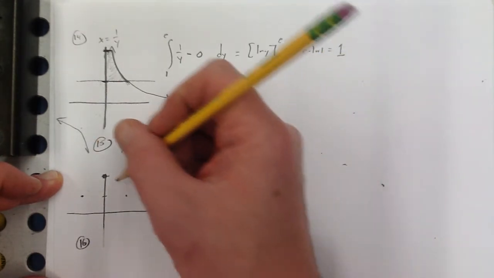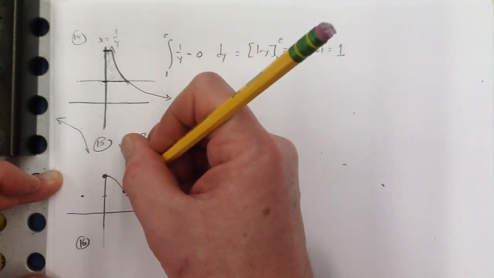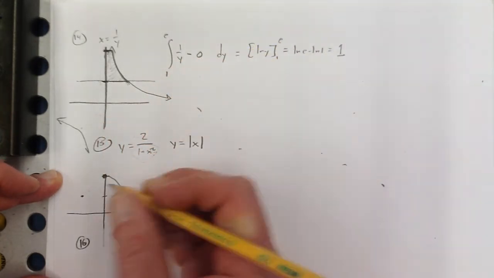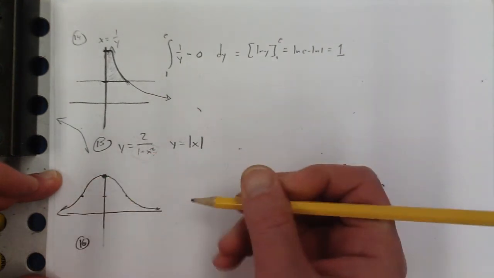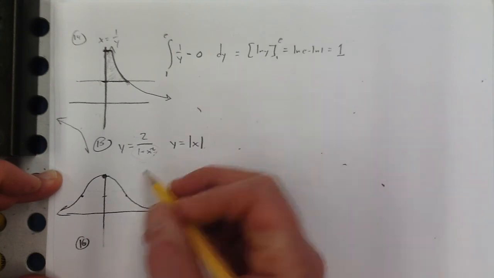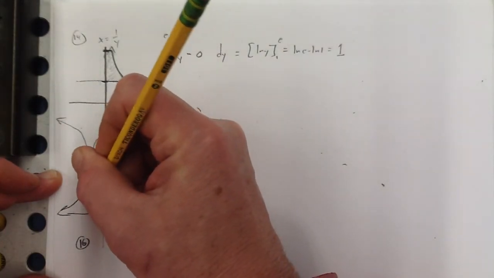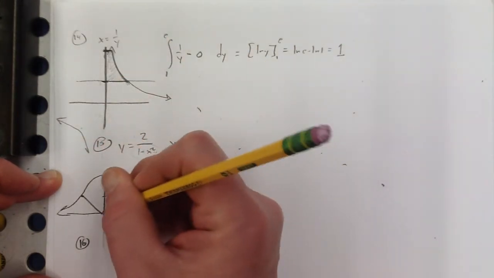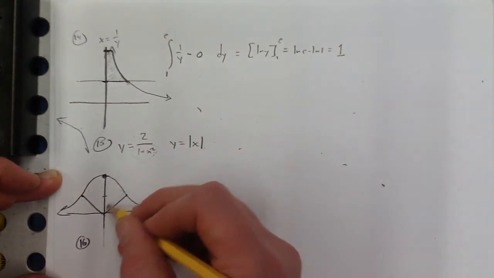It's never going to get negative, but as the bottom explodes, it's going to get asymptotic to the axis. And absolute value function, you know what that looks like. And it goes through the points 1, 1, and negative 1, 1. So it looks like we're talking about this area.